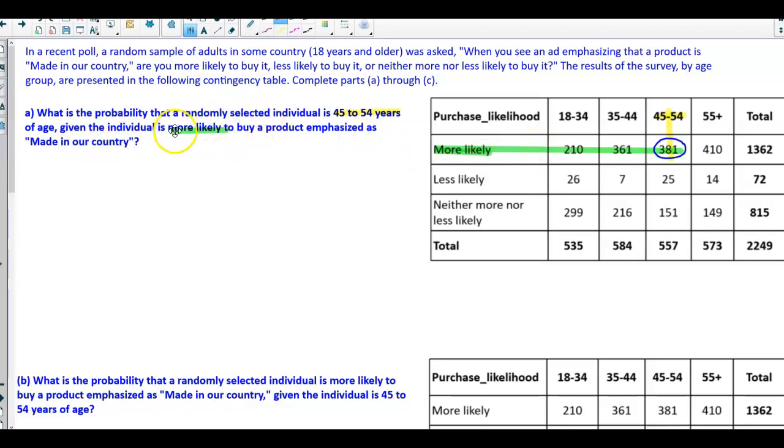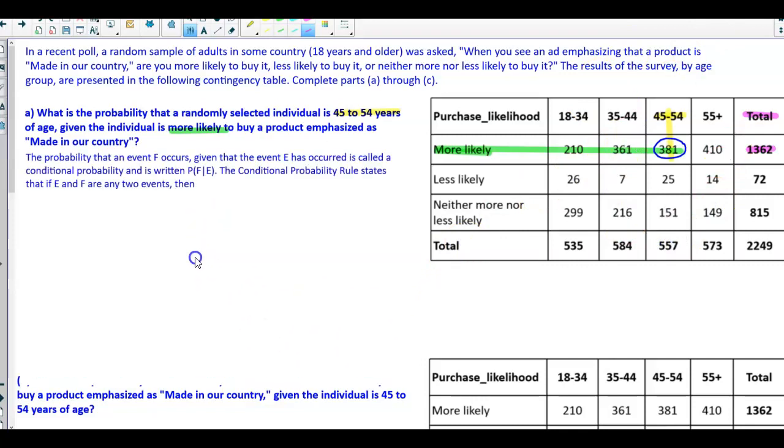Okay, so we want to compare this amount with the total amount of the more likely. What is the total amount of more likely? The total amount in that row is 1362.